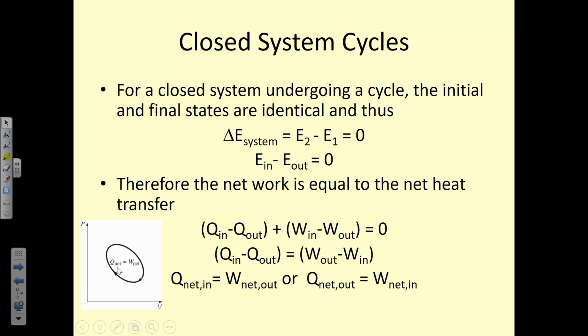You just need to know the end result of the heat and work interactions. And because cycles often follow a different path from the beginning back to the initial state again, then you will have this area under the curve, which is representative of the total work that's done on a PV diagram.